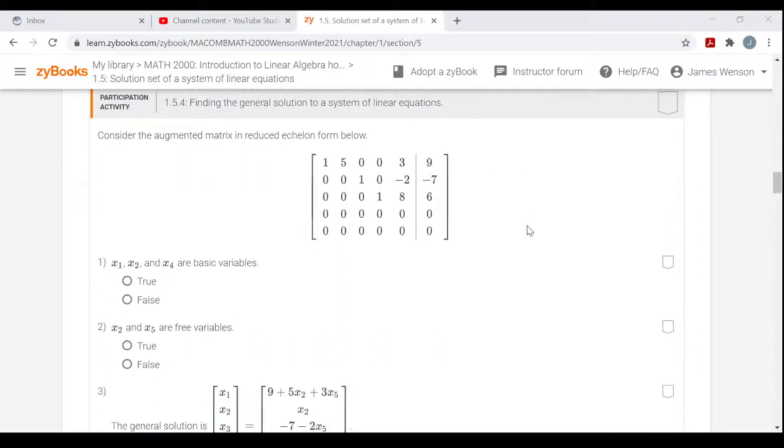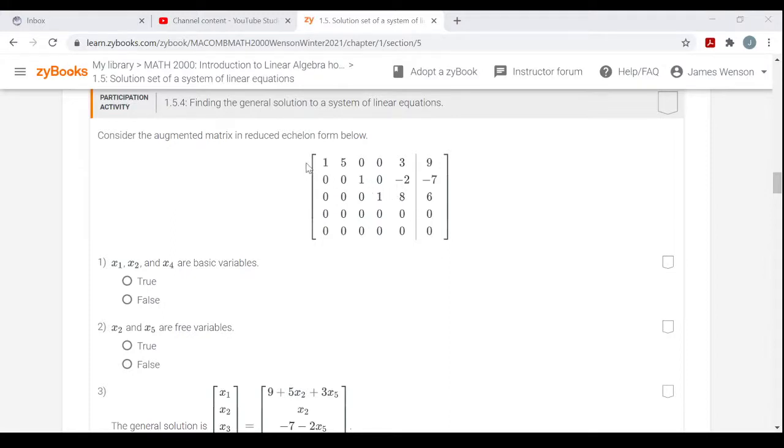So here's a participation activity. Here's the augmented matrix of some system in reduced echelon form below. True or false, x1, x2, and x4 are the basic variables. Well, where are the pivots? They're already telling me that this is in reduced echelon form.